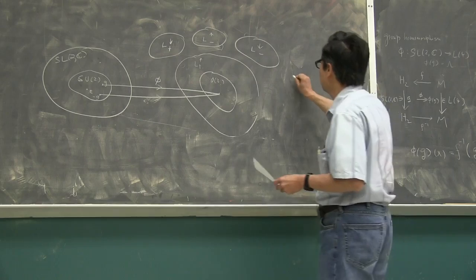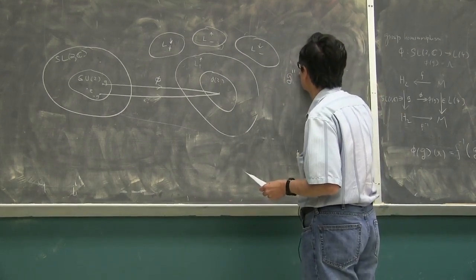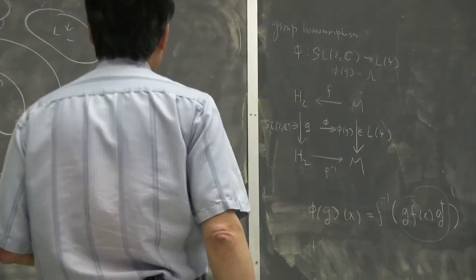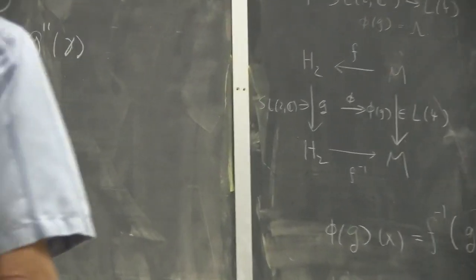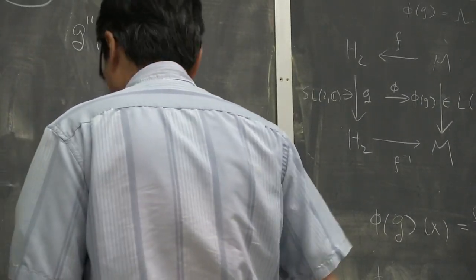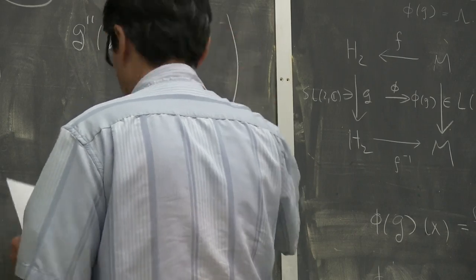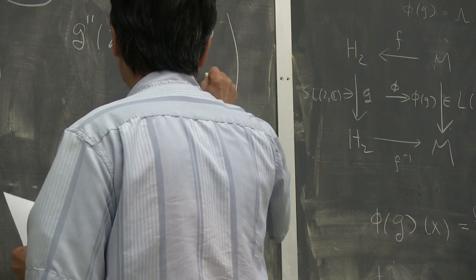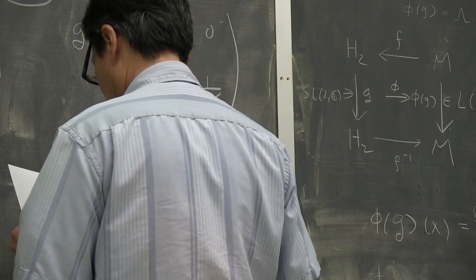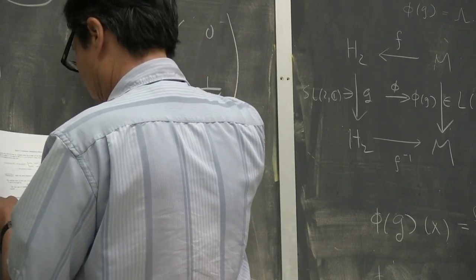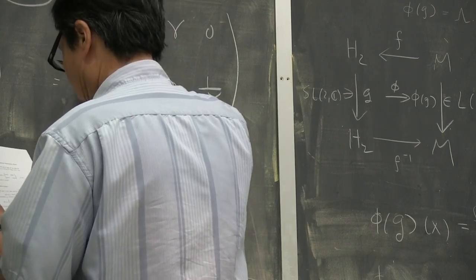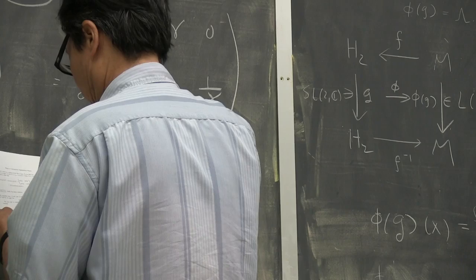Okay, let's look at a particular kind of SL2C matrix, which is characterized by some real number gamma. And we write the matrix like this. It's a real matrix, in fact. With gamma, and we call this G double prime, which is actually equal to its Hermitian conjugate, obviously, right?